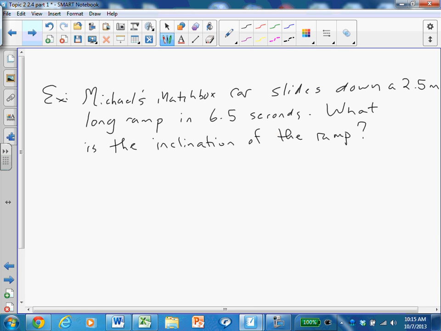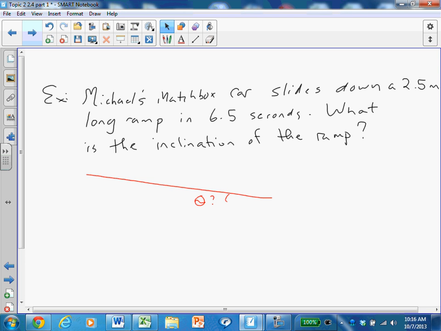In the next problem, we have a matchbox car sliding down a 2.5 meter long ramp in 6.5 seconds. We want to know the inclination of the ramp. So we're wondering what theta is for this ramp. And the matchbox car goes down the ramp.